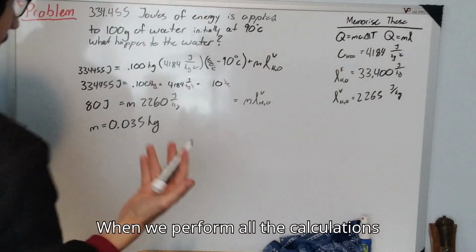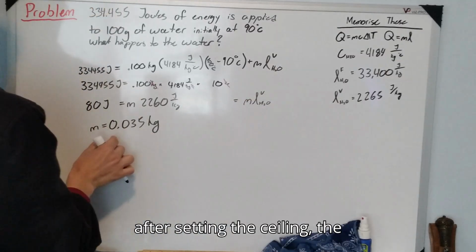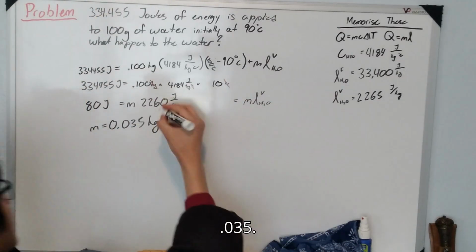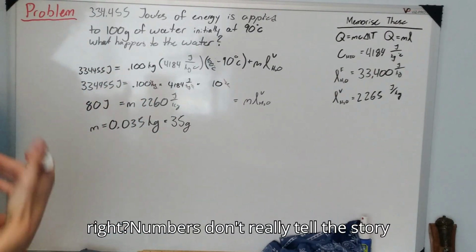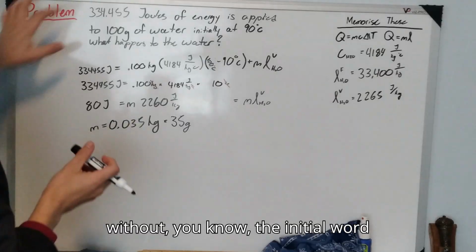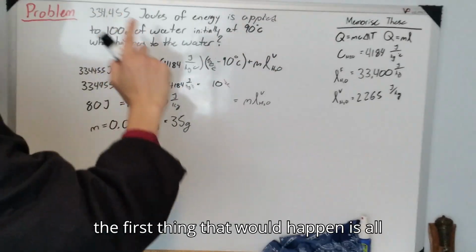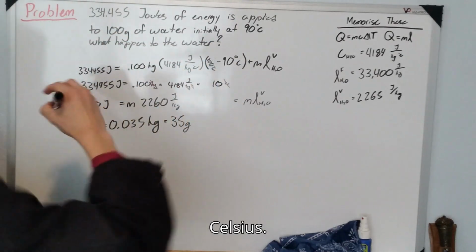When we perform all the calculations after setting the ceiling, the mass that evaporates is 0.035. So let's see what would happen logically, right? Numbers don't really tell a story without the initial word problem. So the first thing that would happen is all 100 grams would become 100 degrees Celsius.